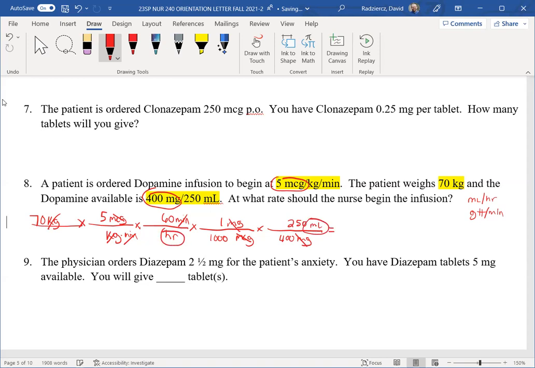And all I'm going to do is multiply across the top, multiply across the bottom, and then divide. And I'll even tell you, you'll hear me say how I do this. I'm going to open up my calculator. 70 times 5 times 60 times 250 divided by 1,000 divided by 400.